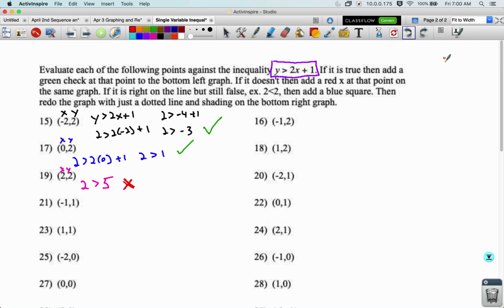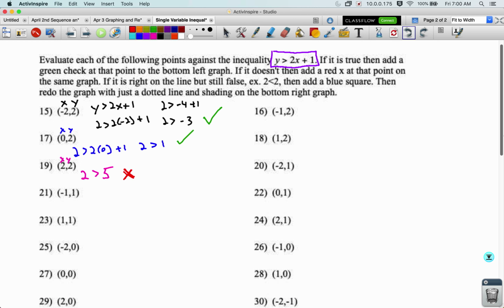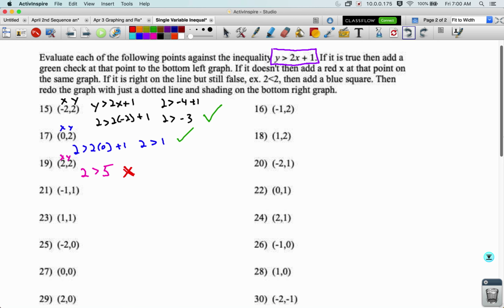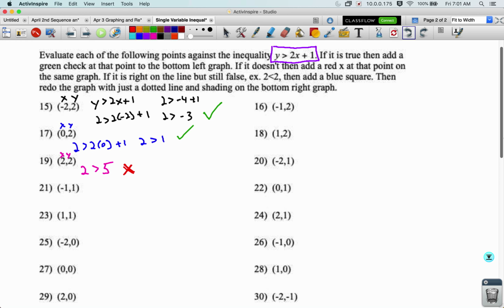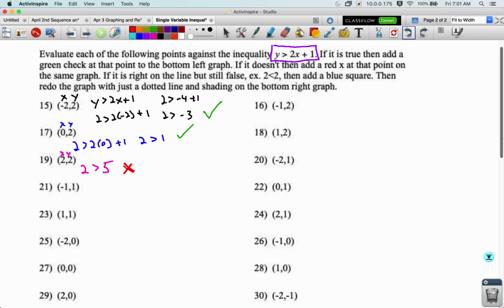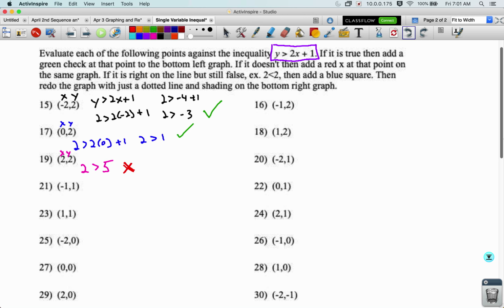Okay, let's look for a point that's going to be right on the line. Because it says if it's right on the line but still false, for example 2 is less than 2, then add a blue square. So what would be right on this line? If I plug in a 0 and then a 1, so 0 comma 1, that should be right on the line.